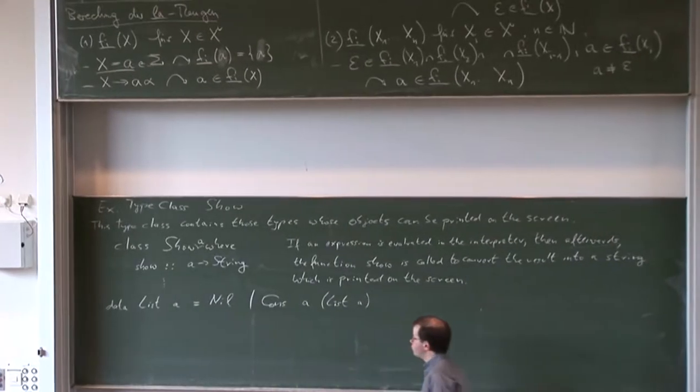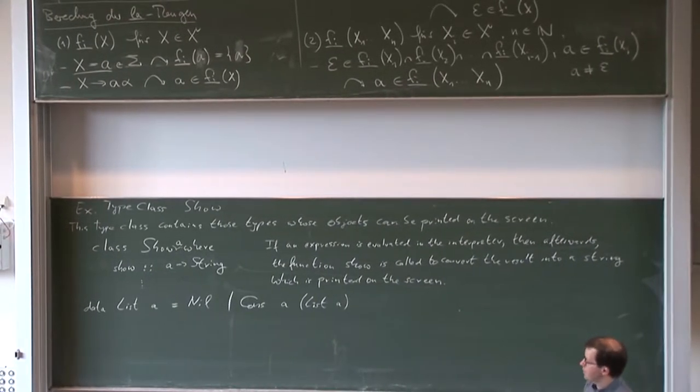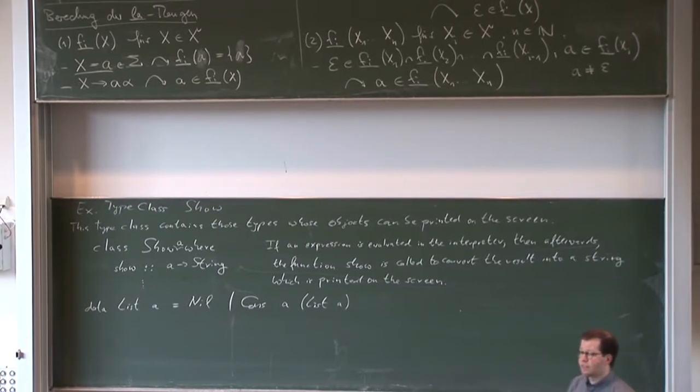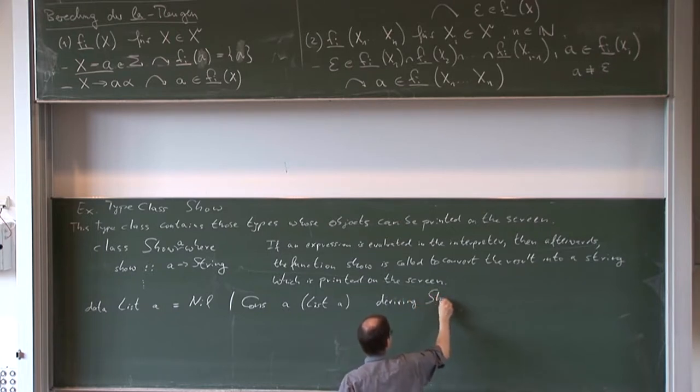One possibility is to really declare that list A should also be a member of this type class show by using such an instance declaration as we've seen in the last lecture. If you want to do it the easy way, you can instead add these words in the end of your type declaration.